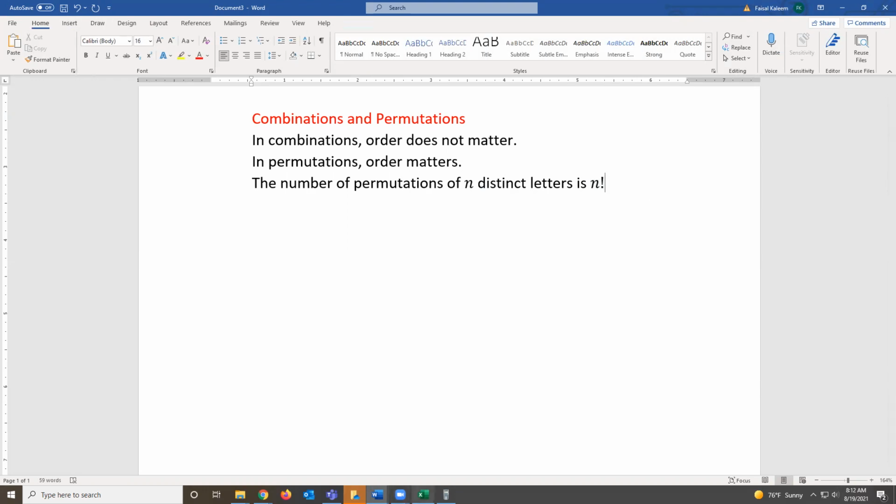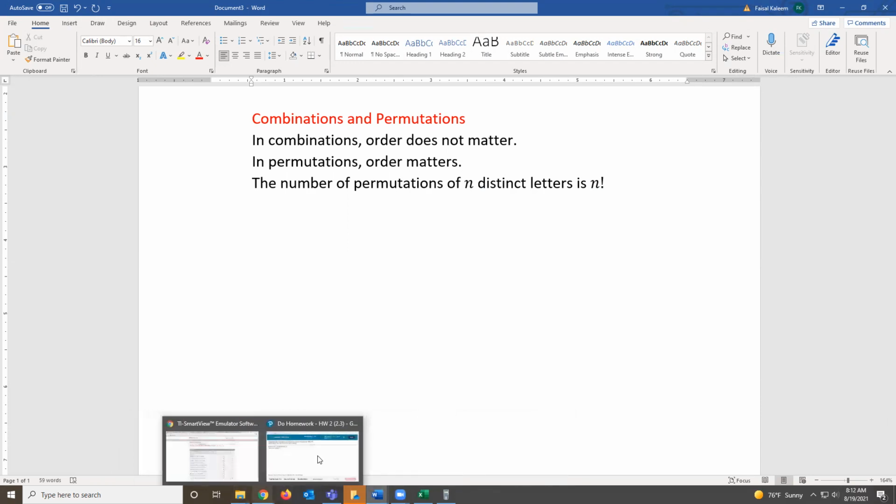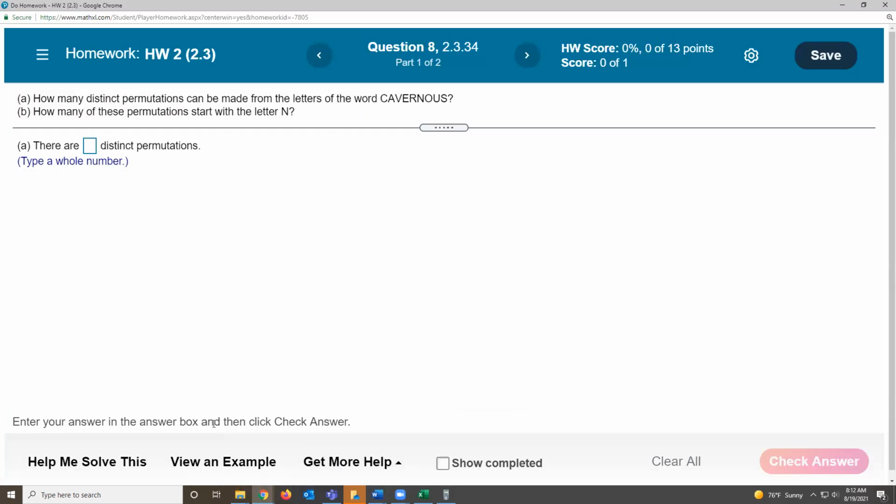So in this case, there are 9 distinct letters. So the number of permutations will be 9 factorial.